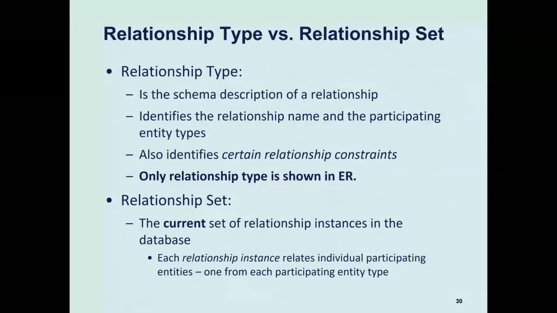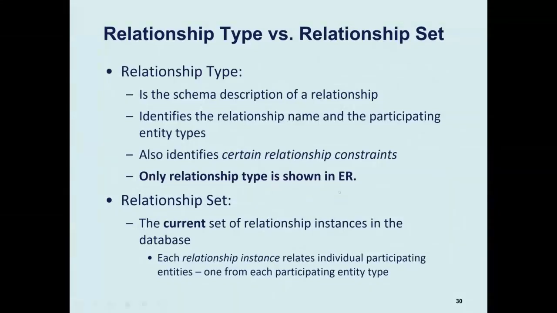Basically it's a schema description of a relationship. It identifies the relationship name and participating entity types. That's the straight line connecting a relationship type with an entity type. So in the ER design, only the relationship type is shown in the ER diagrams.